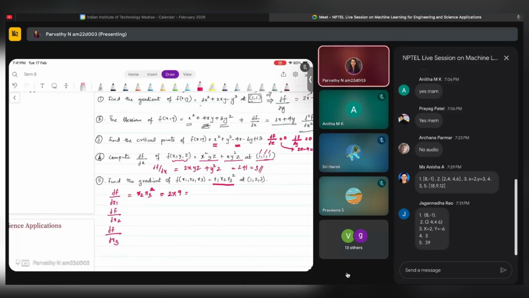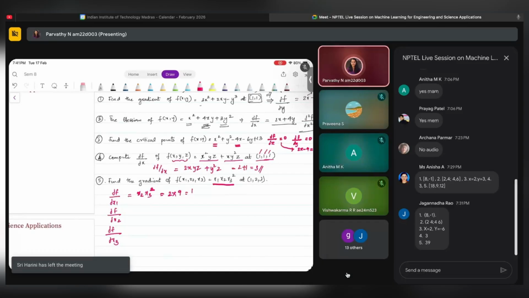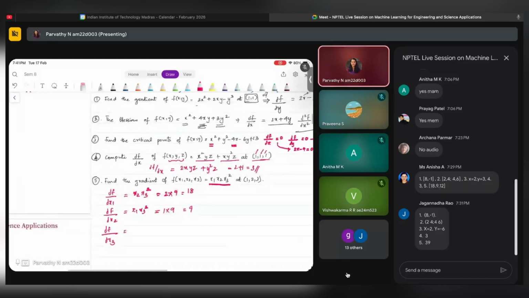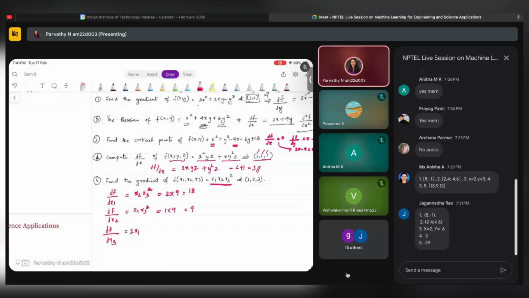So it is 18. Then ∂f/∂x2 is x1 x3², and that is equal to 1 into 3 squared, that is 1 into 9. Then ∂f/∂x3 is 2 x1 x2 x3.